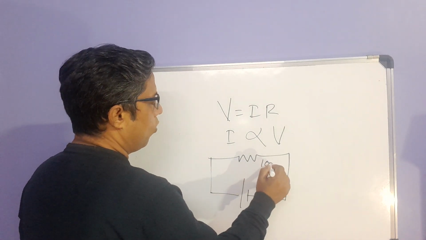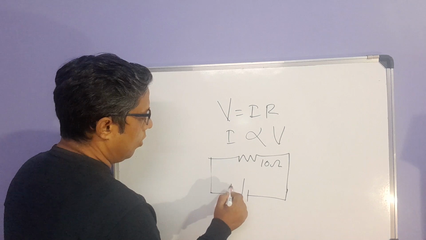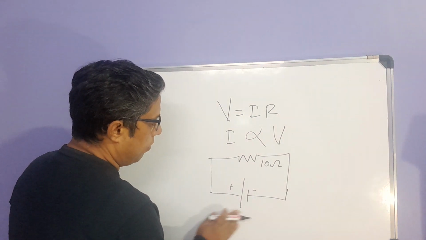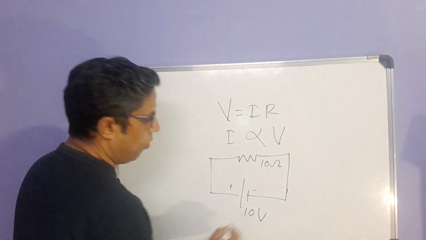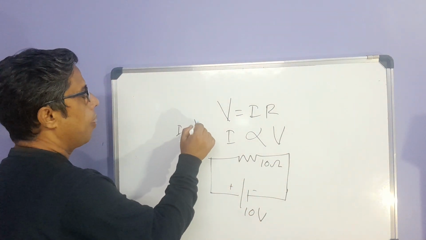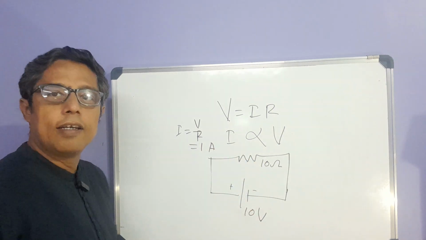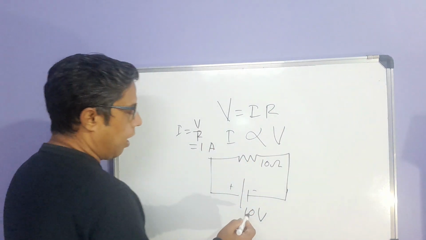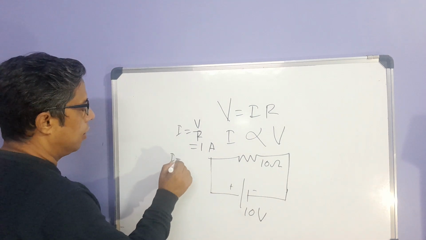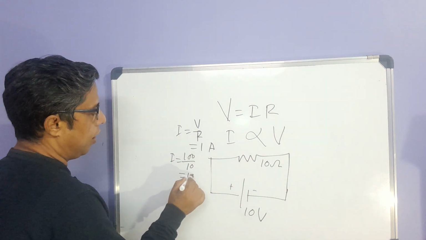Let this be a 10 ohm resistance. If I apply 10 volt here, what will be the current? I will be V by R, so it will be 1 ampere for this circuit. Now if I apply 100 volt, what will be the current? 100 volt by 10 ohm, so 10 ampere.